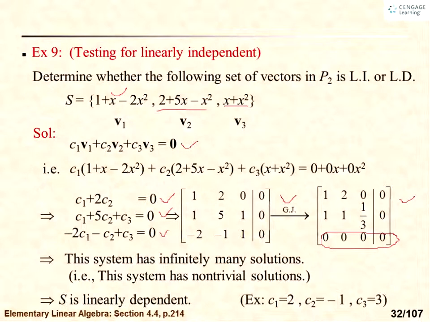As I observe, a whole row is 0. When this happens, we say that there are infinitely many solutions. Just check week number 2 or 3, where we defined that if this happens, then there are infinitely many solutions.